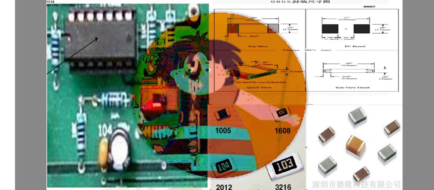Now, you must know the name of the surface mount device resistor is 0201, means the width is 0.2, the height is 0.1 millimeters.